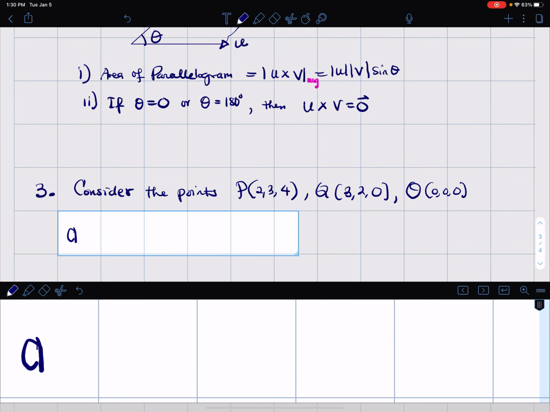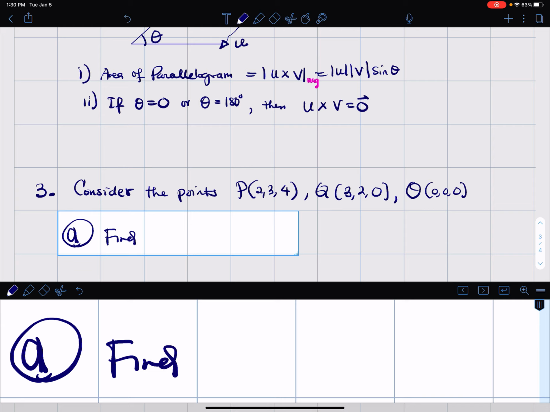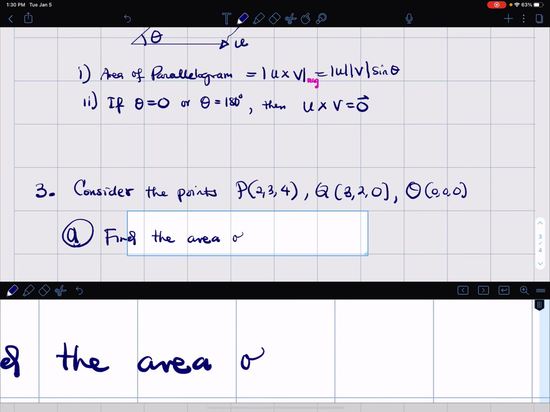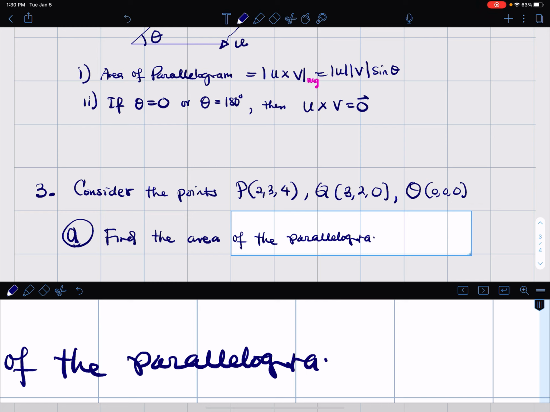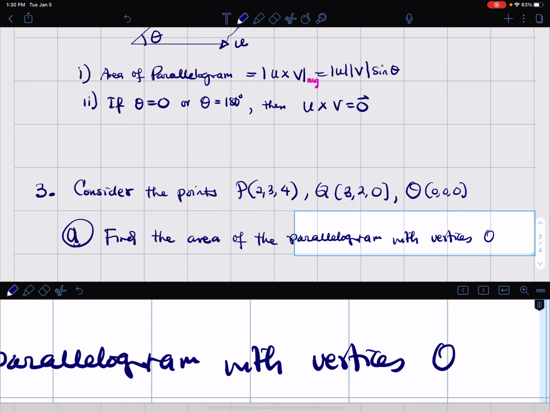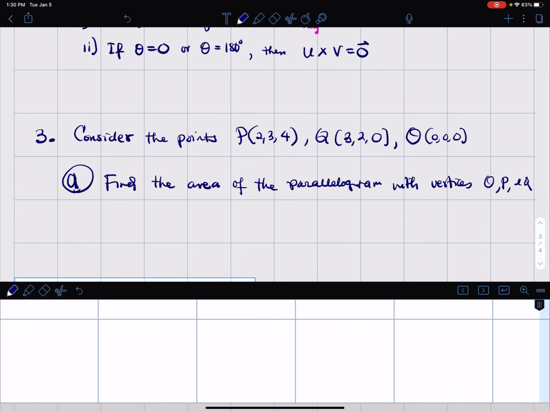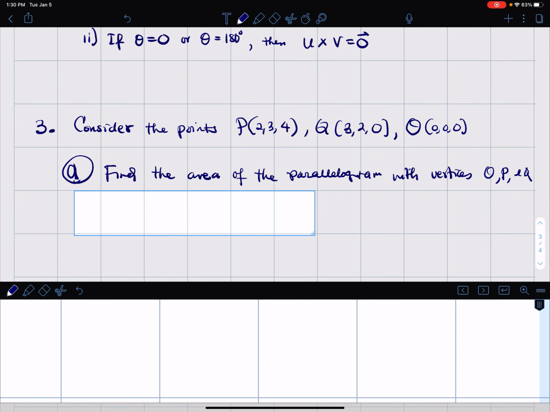The first question here, I want you to find the area of the parallelogram with vertices O, P, and Q. All right? So I want you to find it.